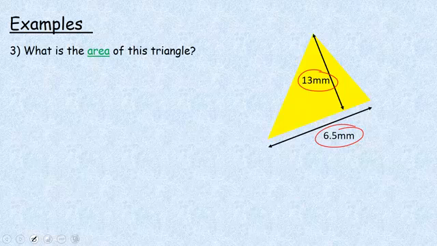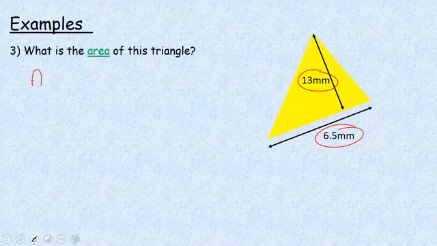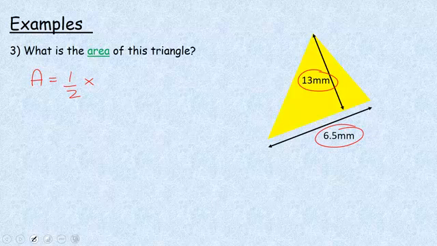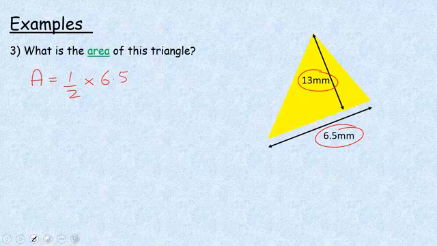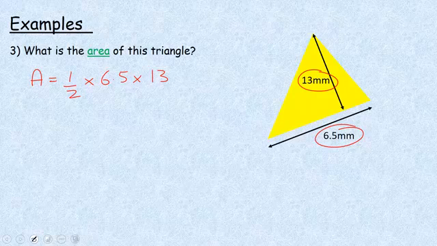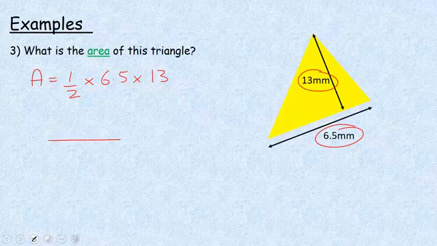But let's start off with what we do know is that area is equal to half multiplied by the base, which we've got 6.5, multiplied by the height, which is 13. So we've got decimals.